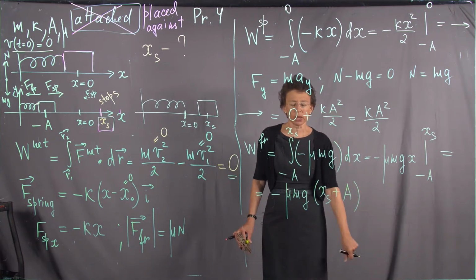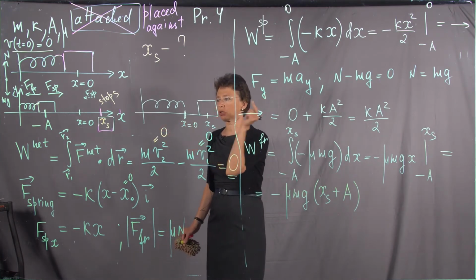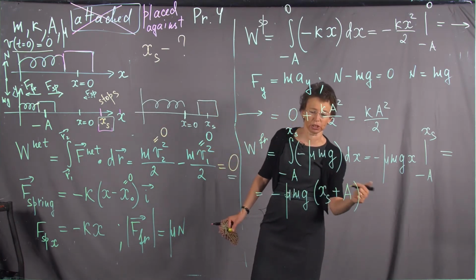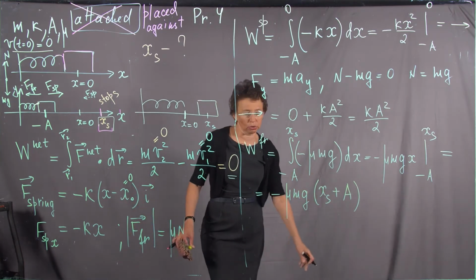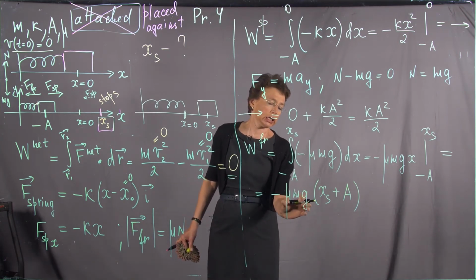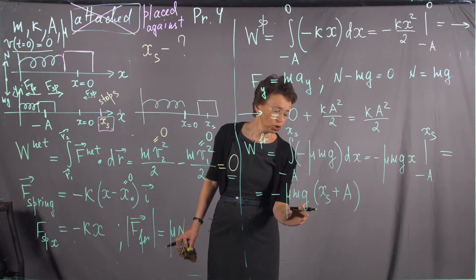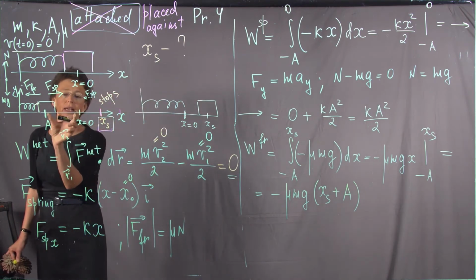Look at this. The force of friction opposes the motion, so it is to the left. Displacement is to the right, so sign is negative. And what is magnitude of work done by the force of friction? It's force itself, mu mg, times displacement. And displacement is xs plus a.